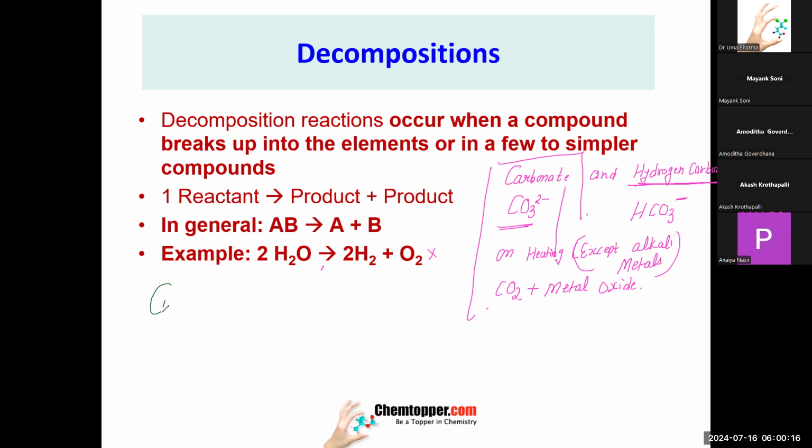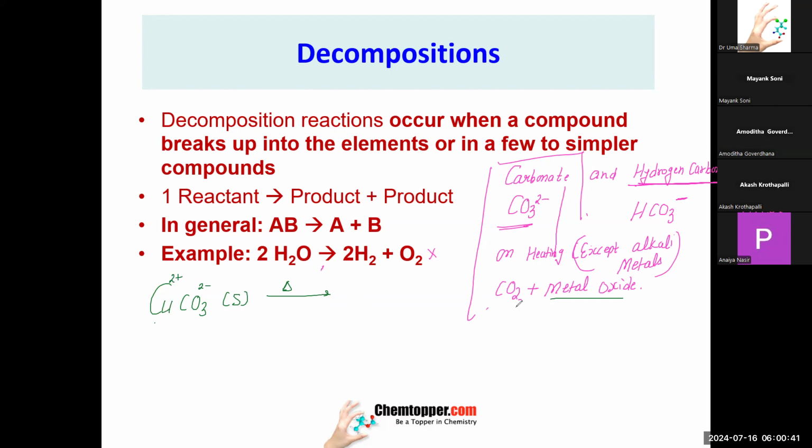So CuCO3 is a solid. I'm heating it strongly. What's the product? Make metal oxide. Do not change the oxidation number. You know carbonate is 2 minus, so Cu is 2 plus.